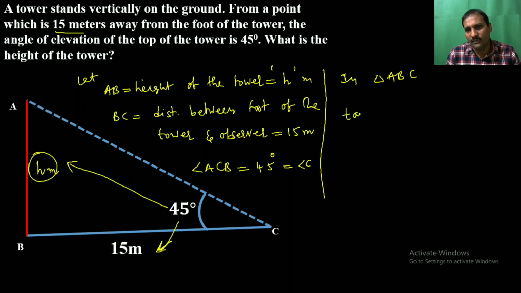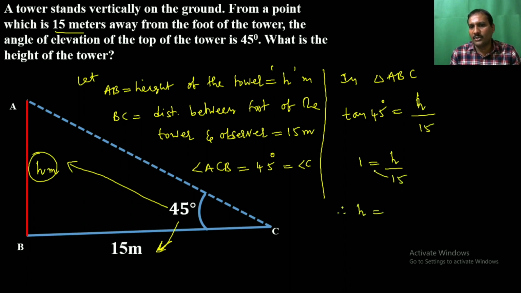Very good. Tan 45 degrees is equal to opposite, that is h meters, by adjacent, 15 meters. The tan 45 value is 1, so 1 equals h by 15. Therefore, h is equal to 15 into 1, 15 meters. The height of the tower is equal to 15 meters.